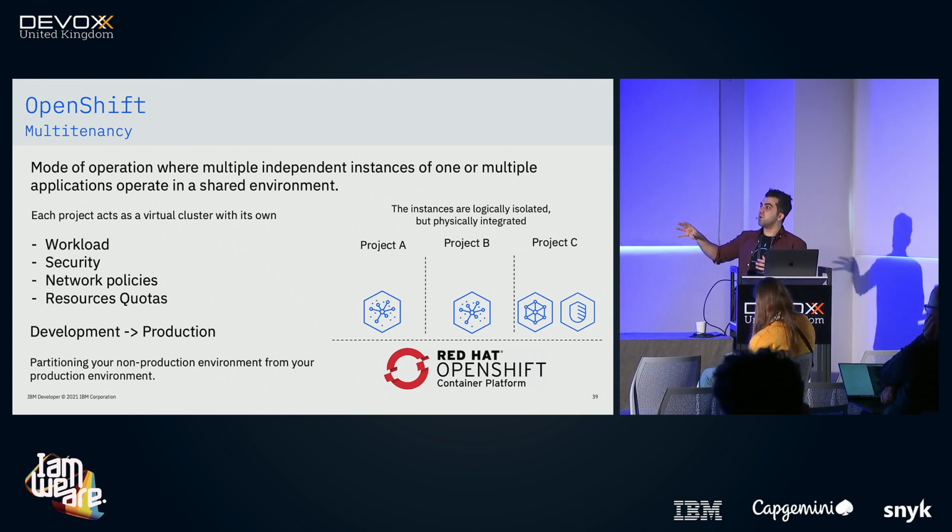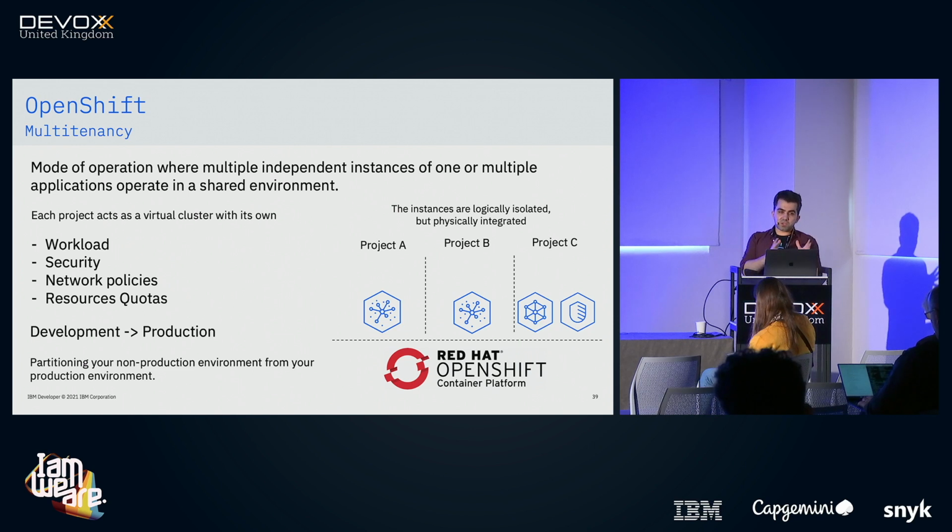And you've got full access to assign different privileges in terms of workload, security, network policies, and resource quotas. So each team has their own privileges, and you can easily put them on the same platform. This is one of the most important aspects of OpenShift for enterprise applications, multi-tenancy.